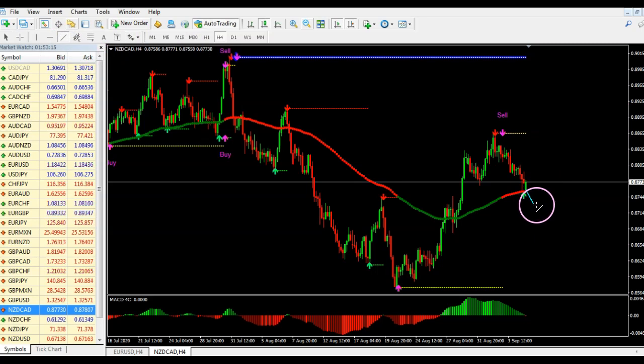Then I am expecting the market to make a move, and I will wait for this trade right here, NZD/CAD. Now, check it out. If the market starts going up and the high, even better, I'm going to sell it from higher.